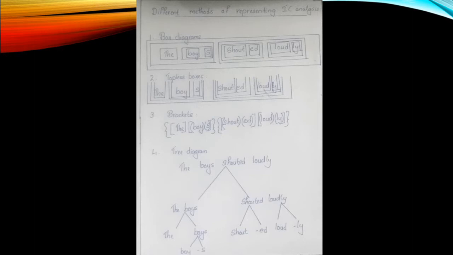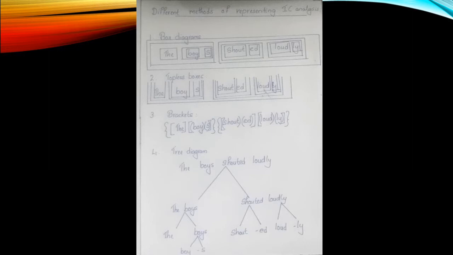Now the constituents of this sentence, the boys and shouted loudly, are shown by two separate boxes within the single box. Again, the constituents of the boys are the and boys, and the constituents of shouted loudly are shouted and loudly, which are again shown by separate boxes.